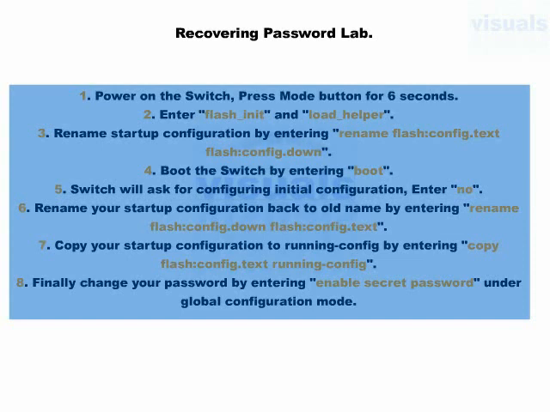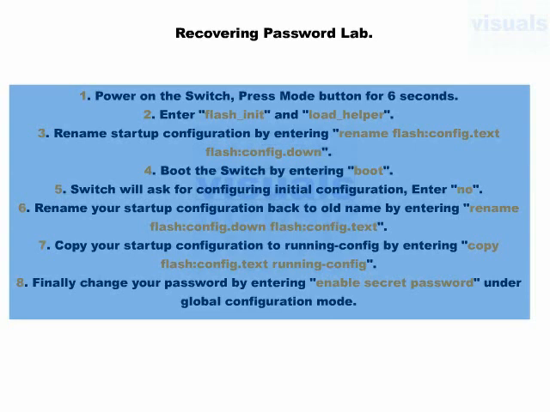Finally, go to global configuration mode, enable secret and change the password. If you want to restart, go ahead. If you don't, do not, because our lab will be completed by entering a new password.